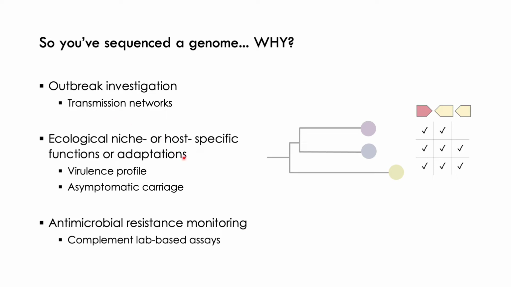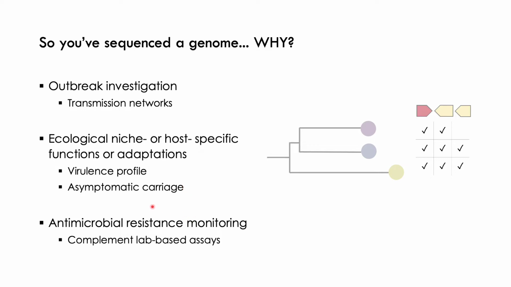You might also want to look for niche or host-specific functions and adaptations. You might want to compare asymptomatic cases with disease cases, for example. You can look at things like the virulence profile, or you might have other groups that you might want to compare, such as environmental or clinical isolates.